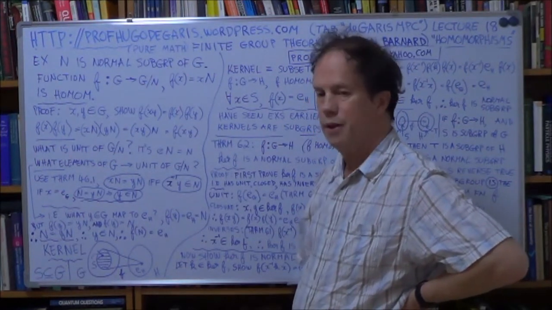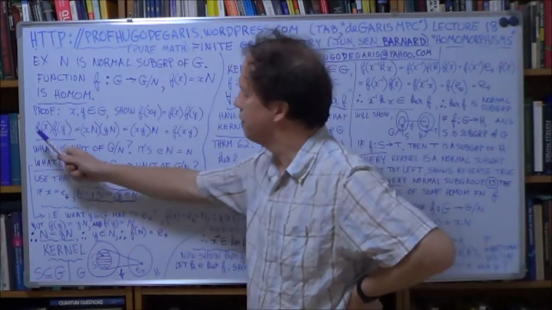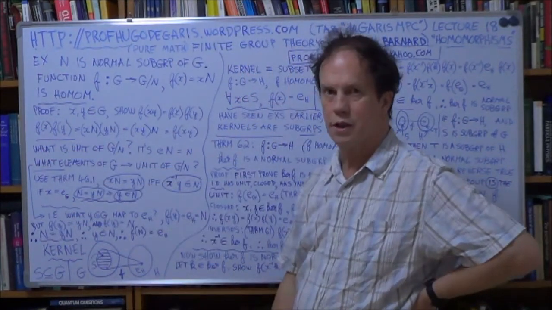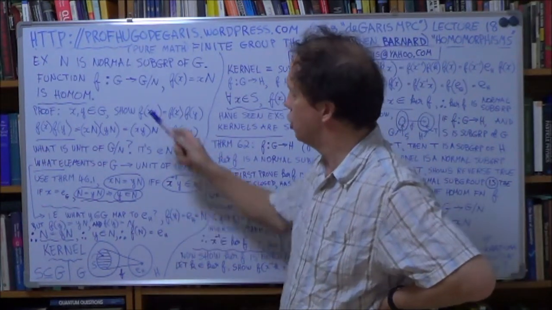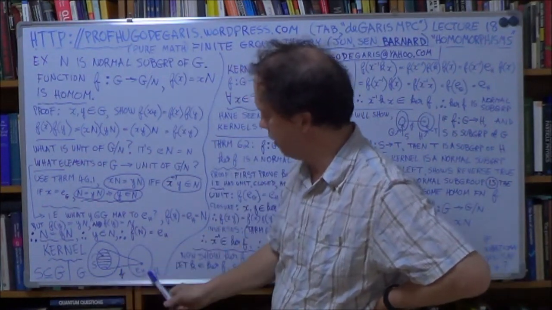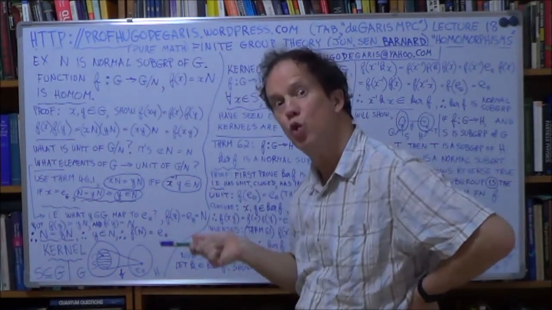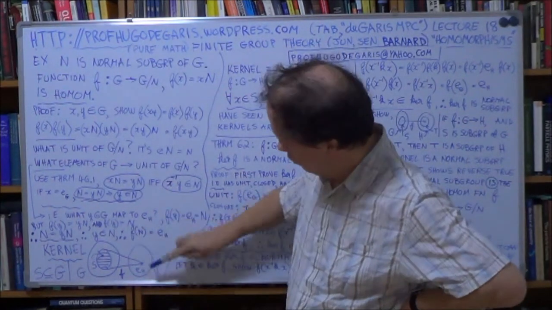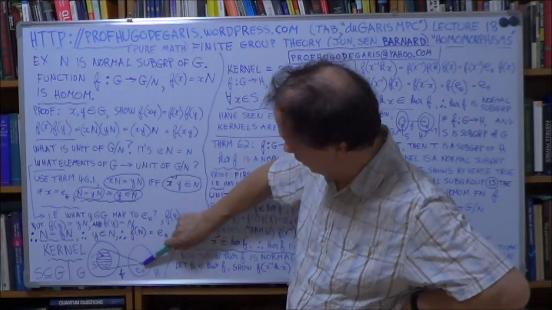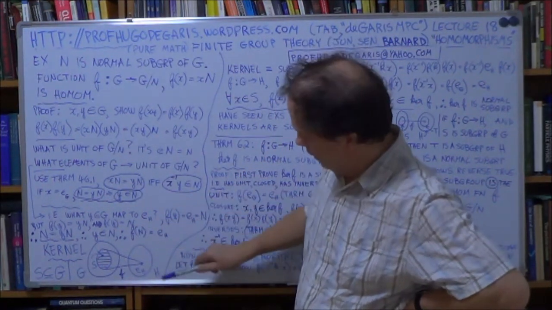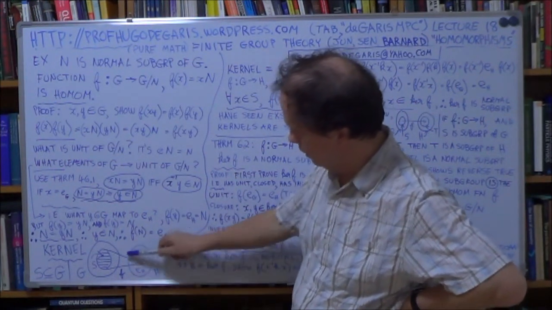The textbook's been asking the question, under a given homomorphic function f, which elements from your G, you start with G and you map to H, which elements map to the unit of your H, like e of little h. This little point here in a Venn diagram represents the unit element of this group H.